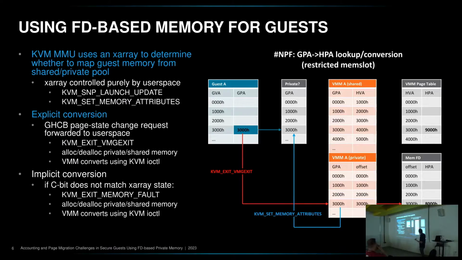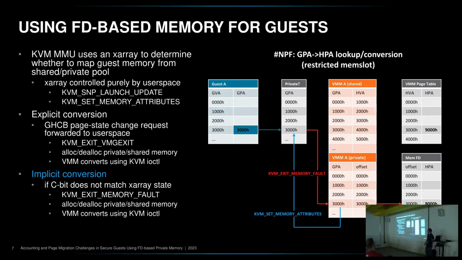And with this GMEM model, what will happen in that case is that the hypervisor will get the request and forward it to user space in the form of a KVM exit, VMG exit, and then user space will tell KVM that that GPA should now be treated as private using a new KVM set memory attributes ioctl.